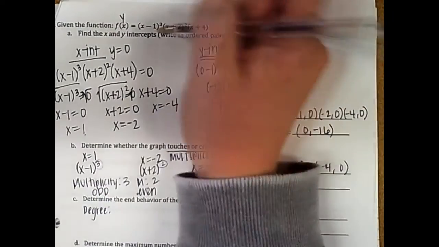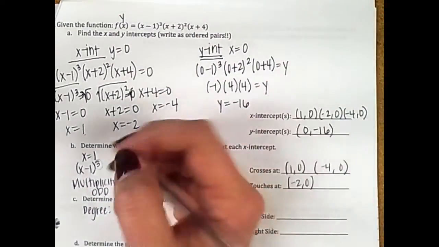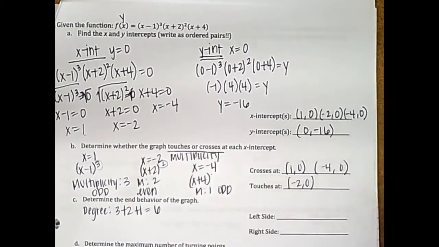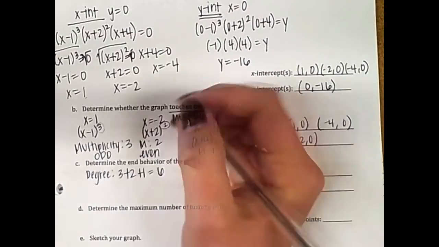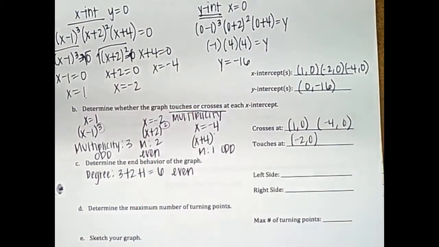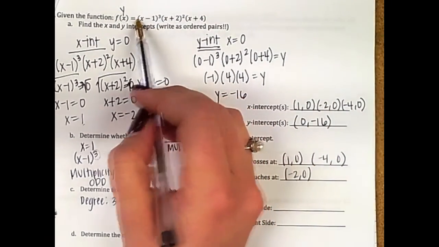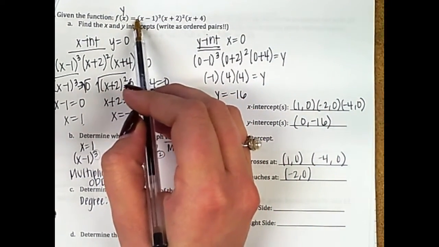So all we do is add our exponents, 3 plus 2 plus 1 to get 6. So my degree is 6, which is an even number, and my leading coefficient, there is no number in front of it, so we can assume it's 1.